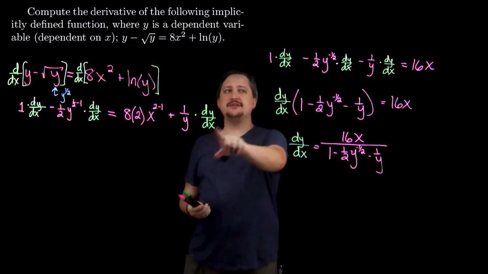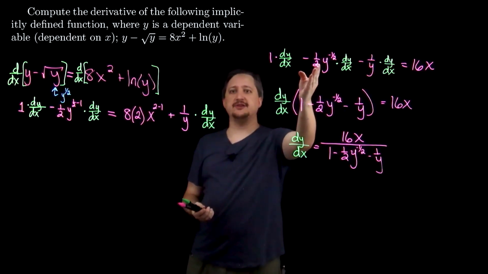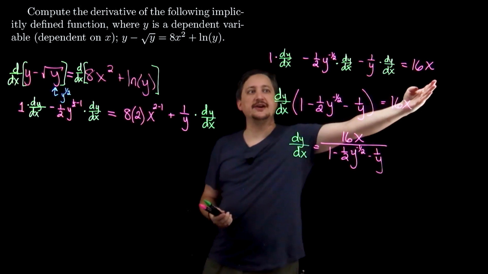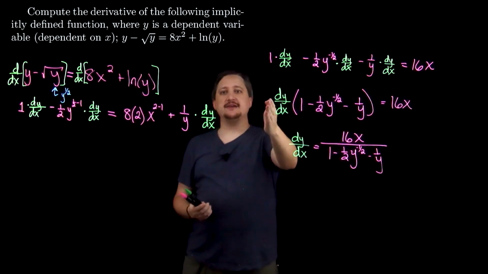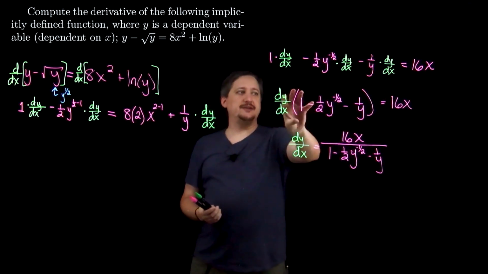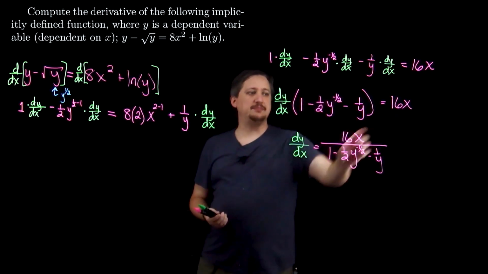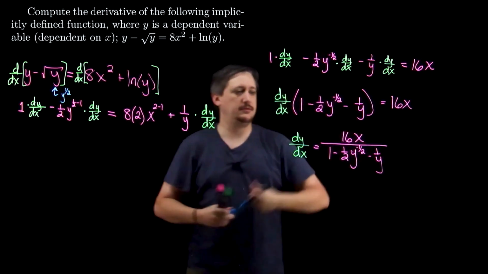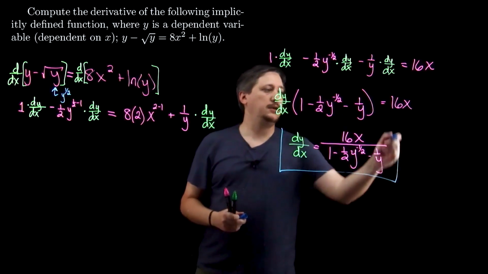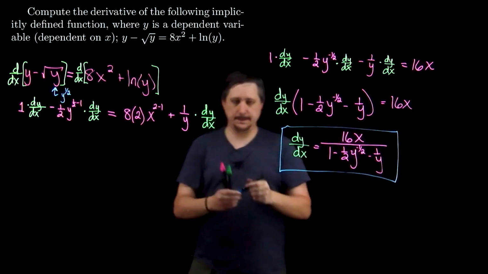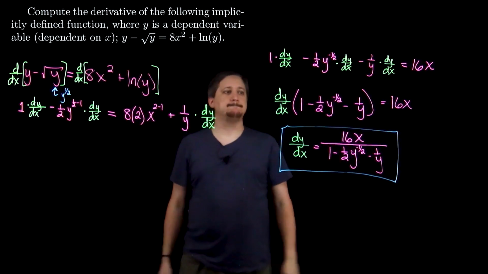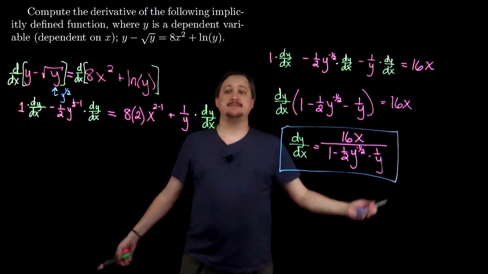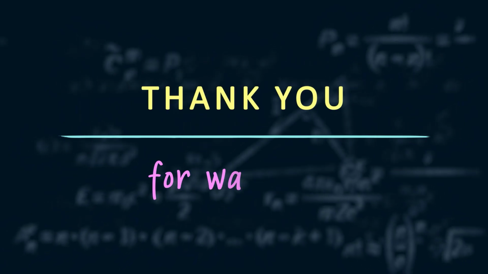Then I wanted to isolate dy/dx, so I moved all the dy/dx stuff to one side and everything that wasn't to the other side, factored out my dy/dx so that I had dy/dx times a bunch of stuff, and then divided by that in order to get it by itself. So that is my answer. Okay, so that is that.